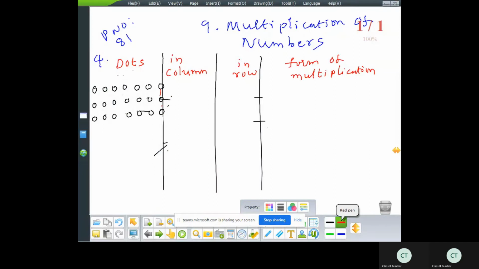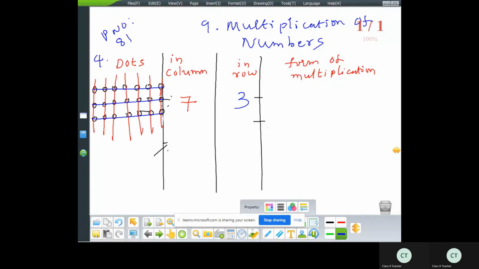Column means standing line. 1, 2, 3, 4, 5, 6, 7. How many columns are there? 7. Now rows. Rows means sleeping line. 1, 2, 3. 3 rows are there.